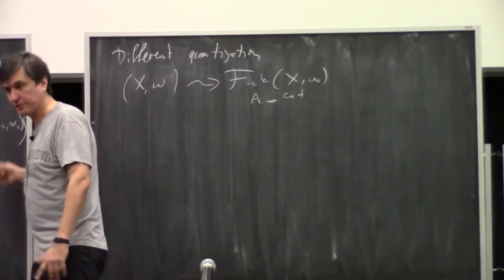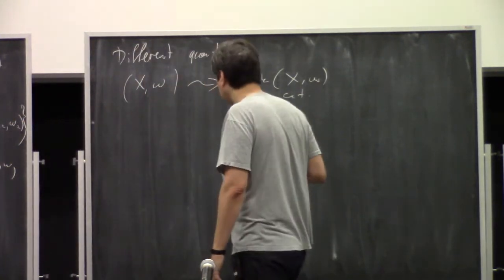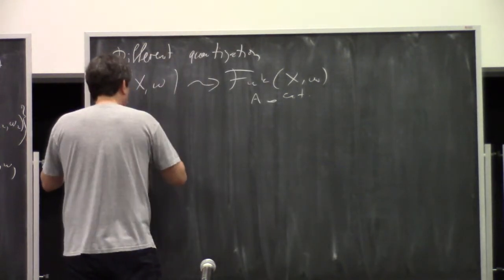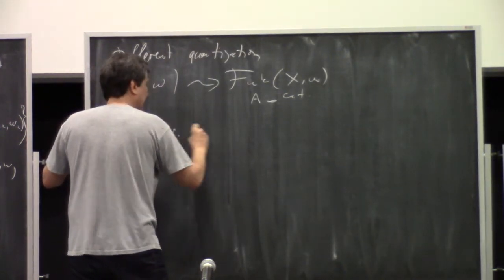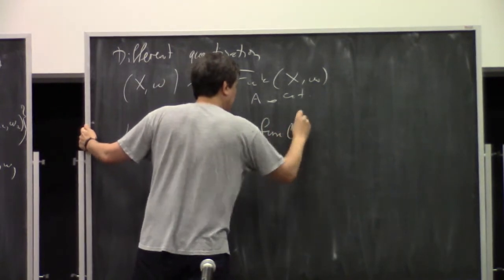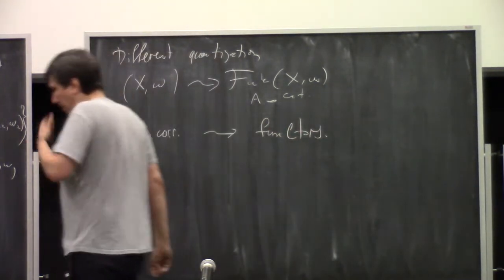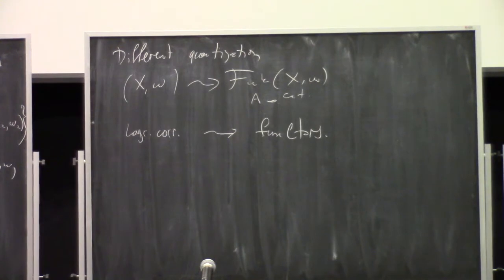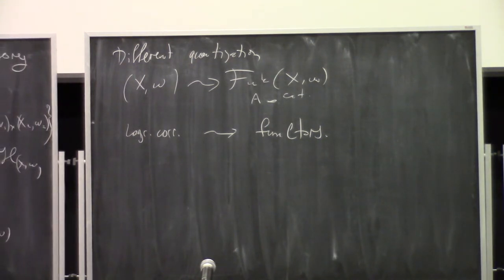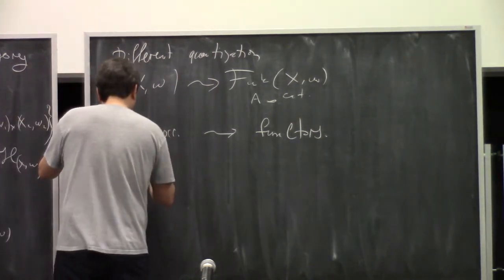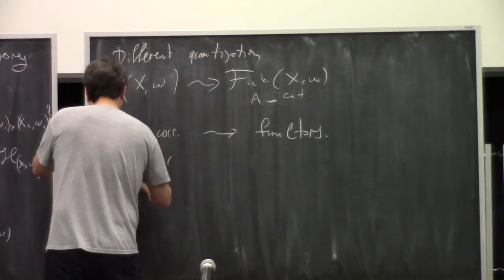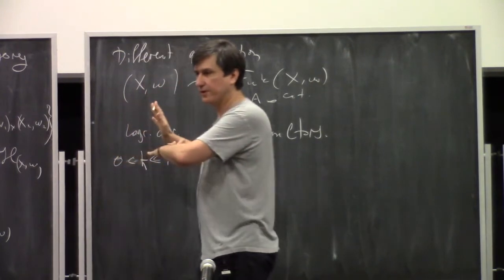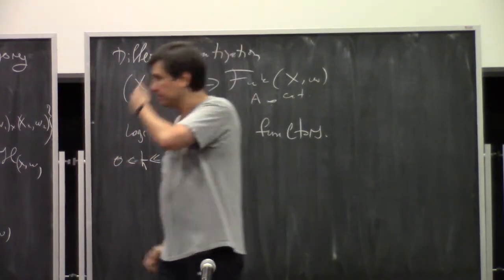Lagrangian correspondences give functors. So there are two different quantizations, and they are really different, in the sense that here we put a purely imaginary Planck constant, and here we get a real Planck constant. They're really different gadgets.